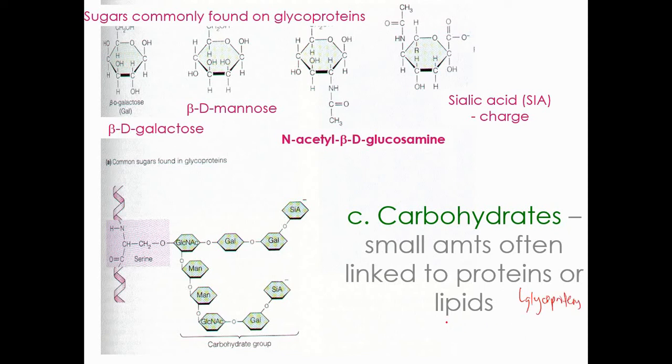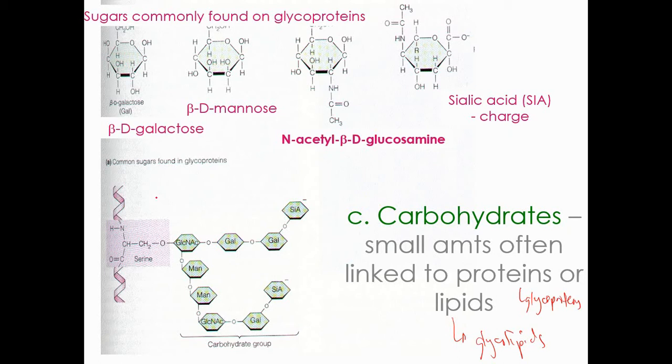And some of them are linked to lipids, and they are called glycolipids. So glycolipids are also membrane components. Okay? These are the common sugars found in glycoproteins: galactose, mannose, N-acetyl beta-D-glucosamine, sialic acid.